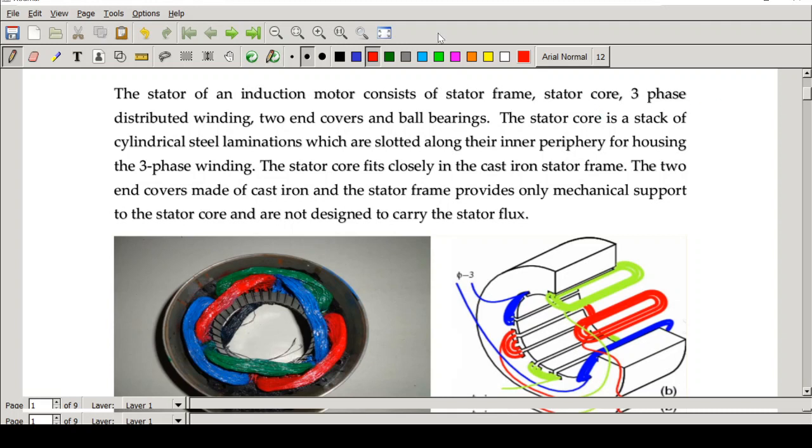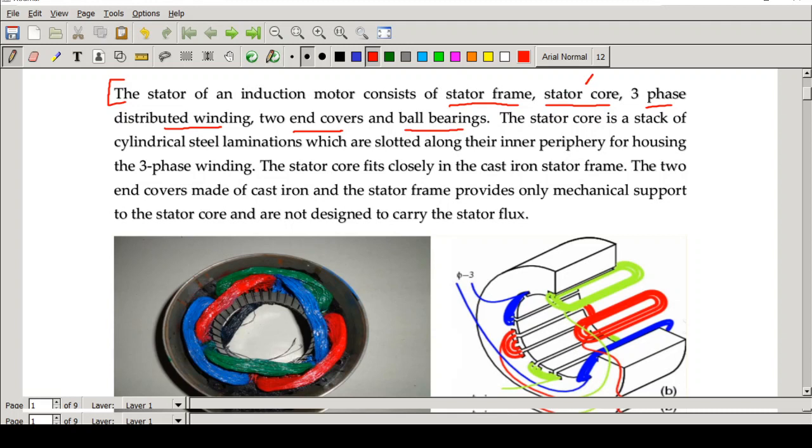The stator of an induction motor consists of first a frame. You know what is the purpose of using a frame? It provides mechanical support. Then there is a stator core, then a three-phase distributed winding, two end covers, and ball bearings. The bearings are used for reducing the friction.